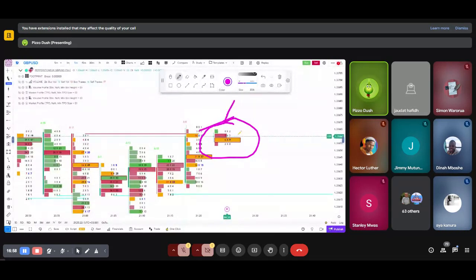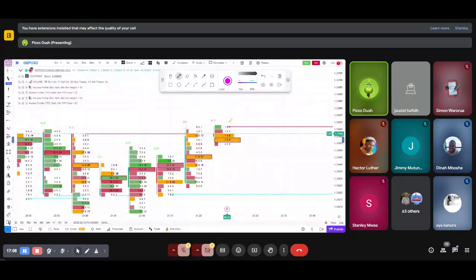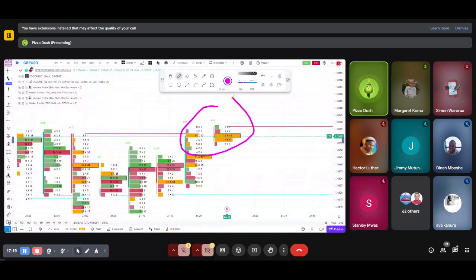So ukisikia mtu akisema order flow, it is the real-time flow of buy and sell orders in the market. So inakuonyesha how orders are interacting with the price levels, how orders are interacting with each other, how buyers and sellers are interacting with each other. There's one buyer, there's 3 sellers, there's 2 sellers, there's one buyer. So that's the order flow. For order flow, lazima tuwe na buyers na sellers and the price level.